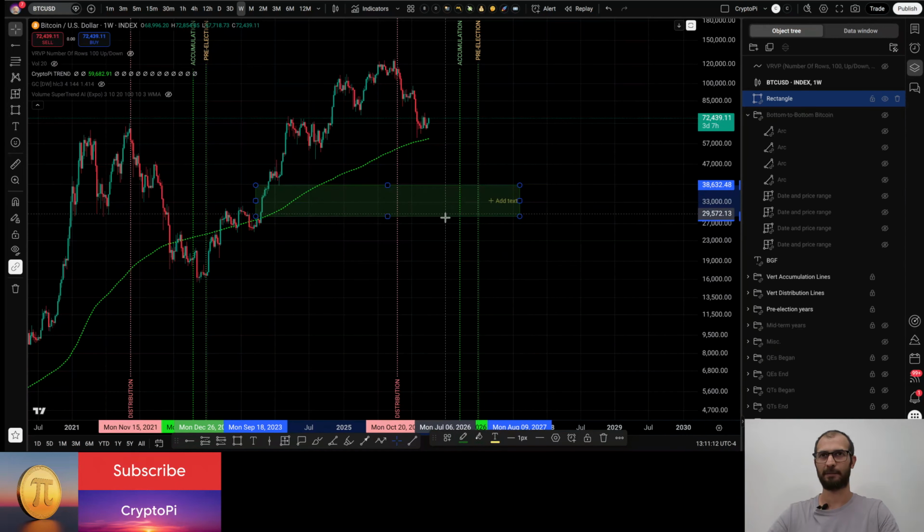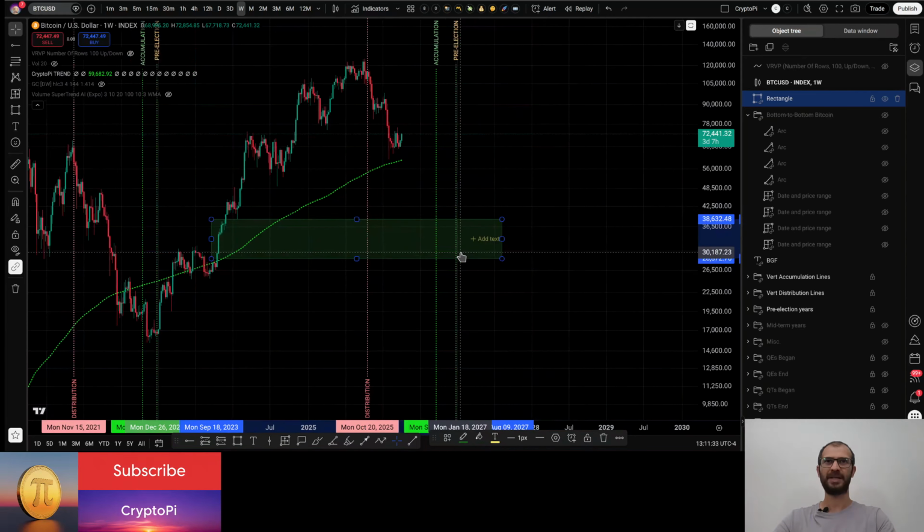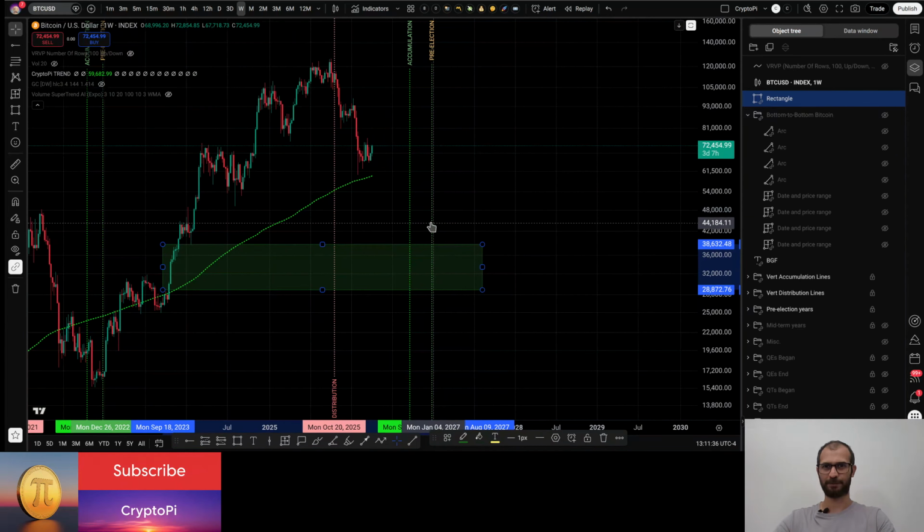This is our price range. So that's 30 to 40,000. That's very reasonable given how volatile Bitcoin is. Within a week it can gain 10,000 and it can drop more than $10,000. So this is our price range from 30,000 to 40,000, and this is our time range.